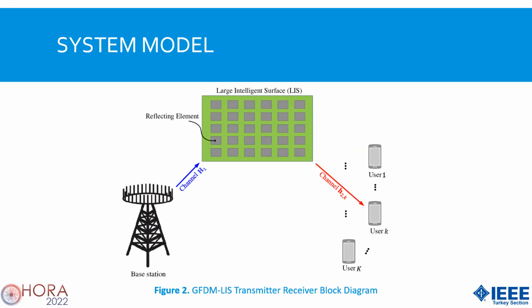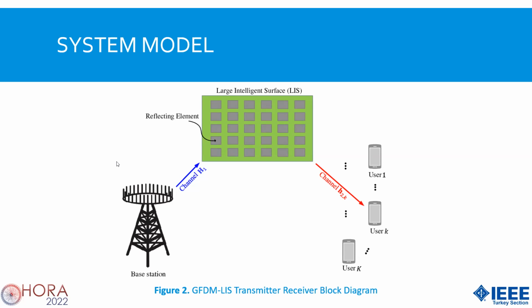Firstly, the base station transmits the GFDM signals to the LIS. The LIS takes the GFDM signals, then reflects them to users. The system has K subcarriers, and blocks of symbol length M are processed per subcarrier. All received signals are assumed to be distorted by additive white Gaussian noise.